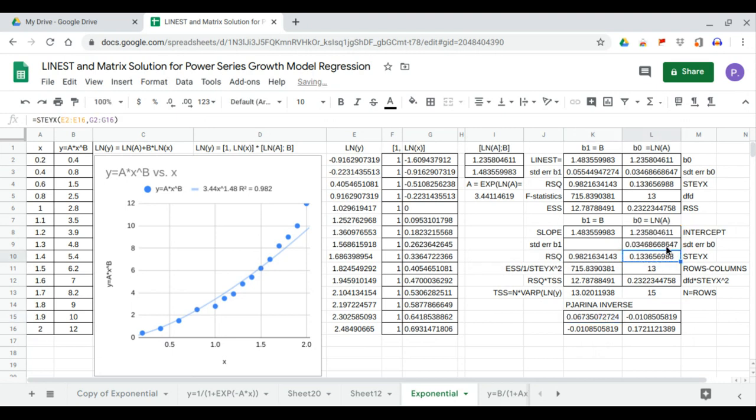And it is 0.03468, matches our LINEST output. And we calculate the standard error value of B1, which is equal to STEYX times square root of the second diagonal element. And it is 0.055449, matches our LINEST output. This completes the LINEST and matrix solution for power series growth model regression.